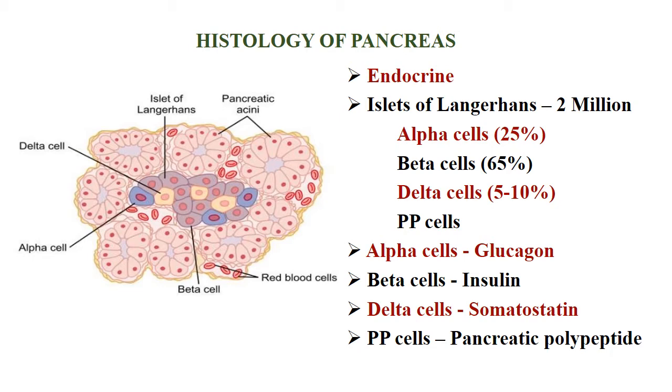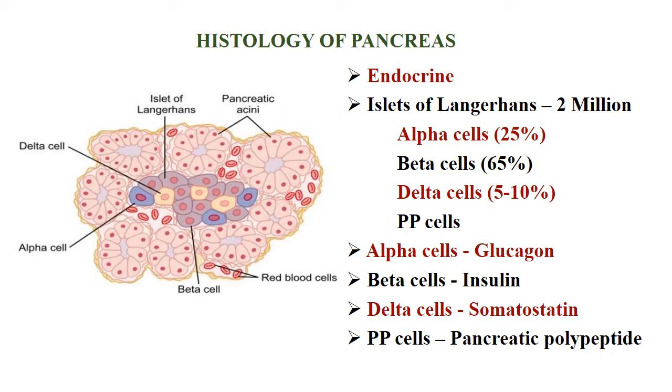There are about 2 million islets of Langerhans found in the pancreas, of which majorly 65% are beta cells and 25% are alpha cells, and in addition to that delta cells comprise about 5 to 10%, and PP cells, that is pancreatic polypeptide cells, are present.